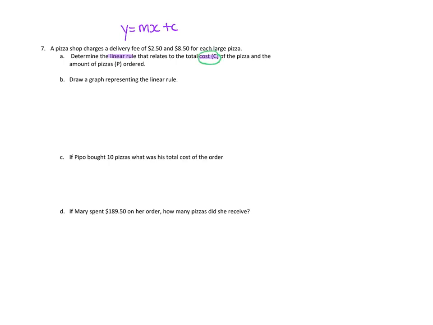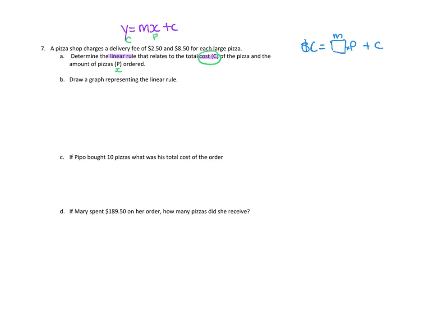Yes? So instead of having y, they're going to have cost. So this y will be C. And instead of having x, they've got the number of pizzas. So that'll become a P. So at the moment, we know our formula will be cost equals, we've still got to find out what m is, times P, and then plus the c, the y-intercept. It's a bit annoying because they use the same letter, but we'll deal with it.